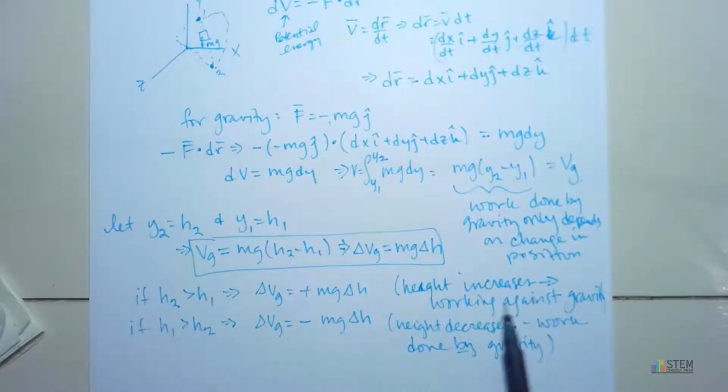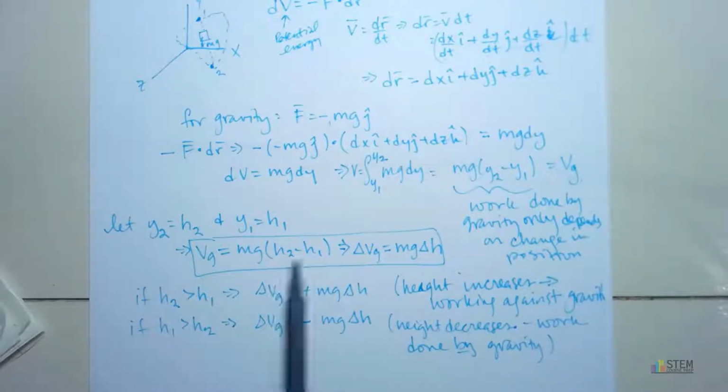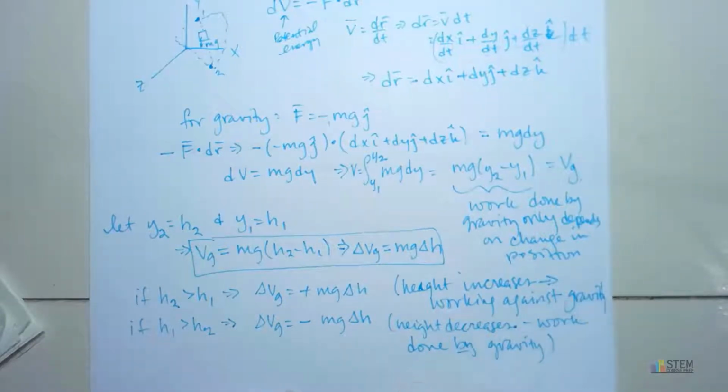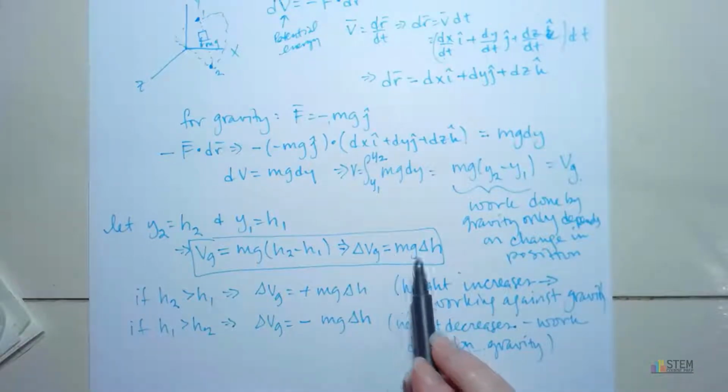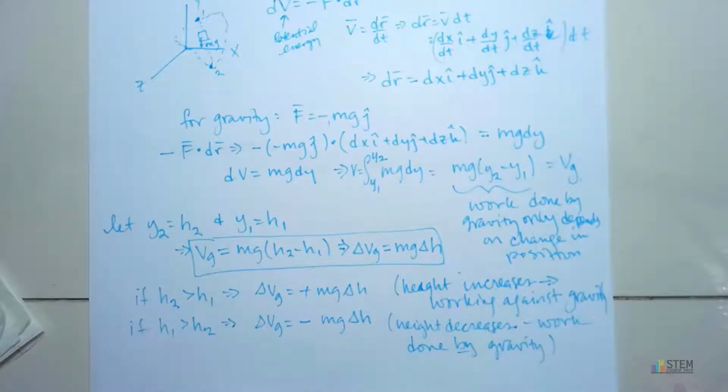So here you're going against gravity, here you were having gravity help out. All right, so there you go. And you don't really have to memorize these because you'll know your final and starting points. So you'll be able to figure out if it's positive or negative just by plugging in the values you have. Okay, so that's what we have for gravity. So just remember it's mg times the change in h.